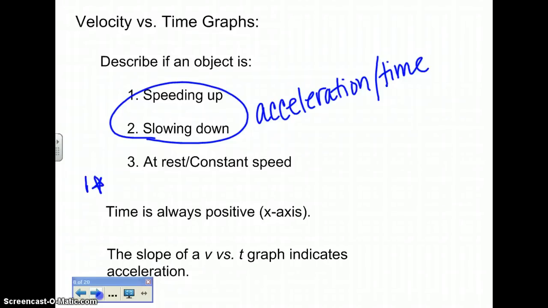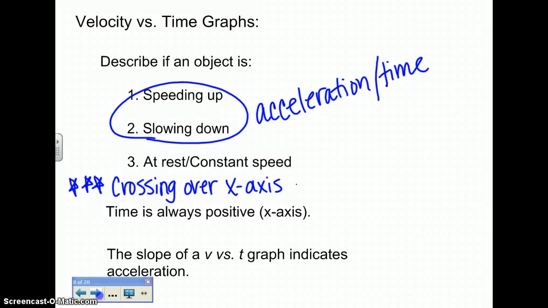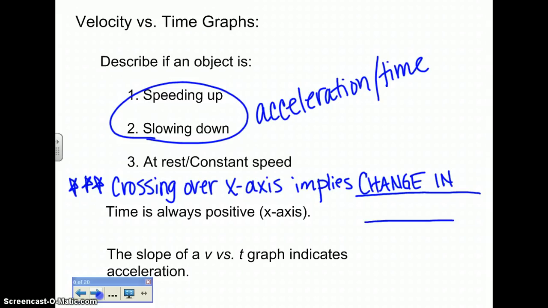Something else I would love to interject here is that crossing over the x-axis implies a change in direction. So you throw your pencil up in the air and it comes back down to you. Eventually, if you would graph that, you would see that you crossed over the x-axis because it changed directions.